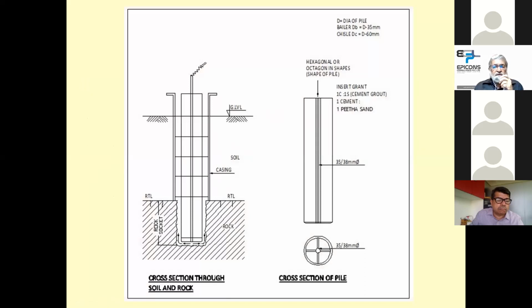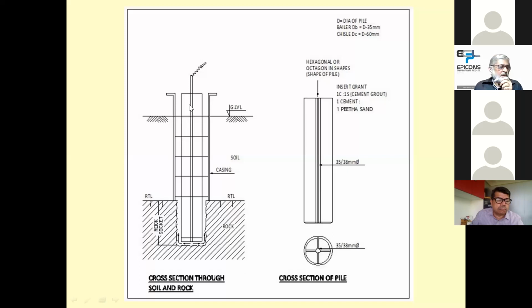Then subsequently, the pile is lowered inside. First we put water with pressure and the entire hole is flushed, and subsequently we pour grout from the same hole, and all the side margins are grouted and the pile is further protected.